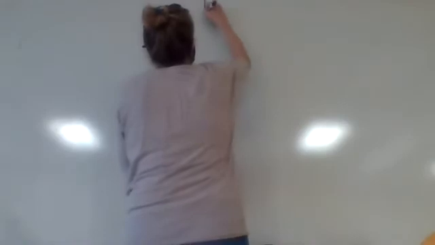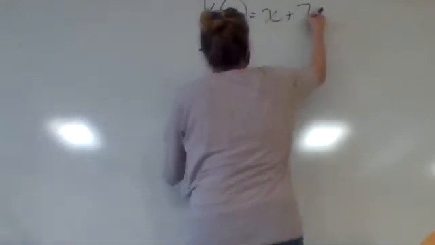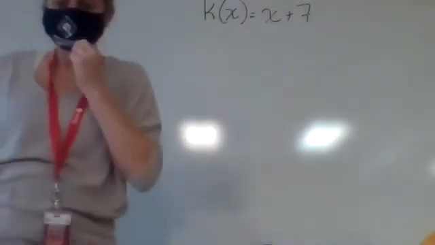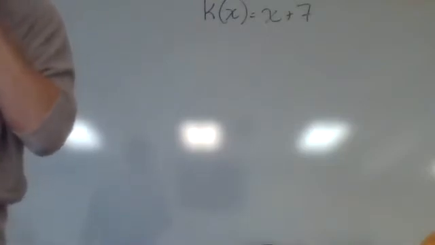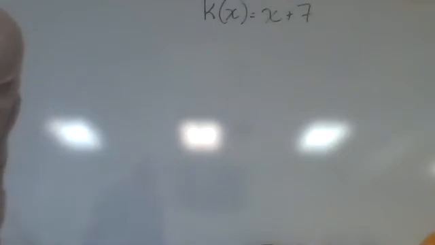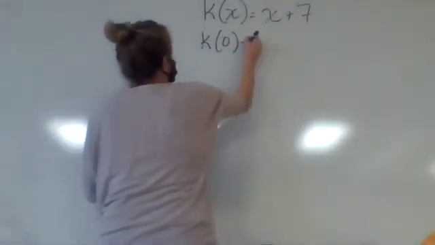Like on number 5, it has a function, and it's calling the function k of x equals x plus 7. This is going to be kind of like 5 problems in one. The first thing it's going to ask me to do is find what's called k of 0.